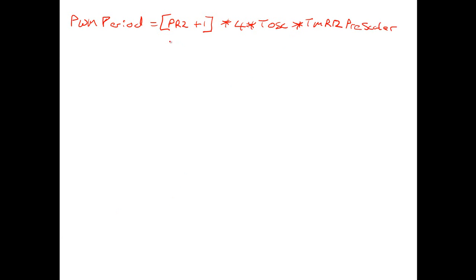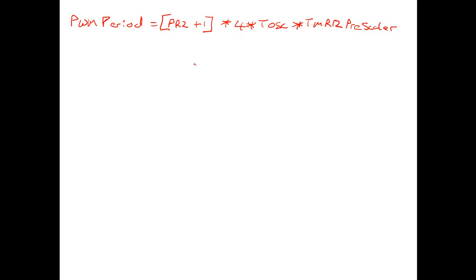Now, normally what would happen is we would decide that we want a particular PWM period. It seems that if I put in a value for PR2 and a value for each of the other things on the right hand side, I would find out what my PWM period is. But what happens if we decide we want a particular PWM period, which is what we would normally do, and then we need to figure out what to put in for each of the other values?